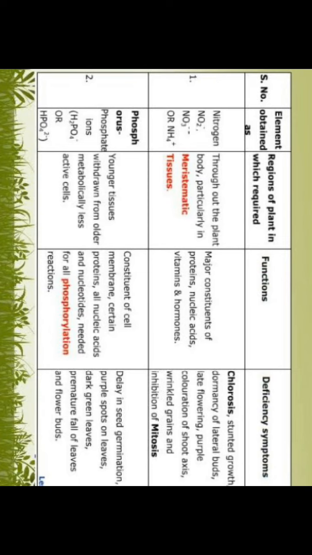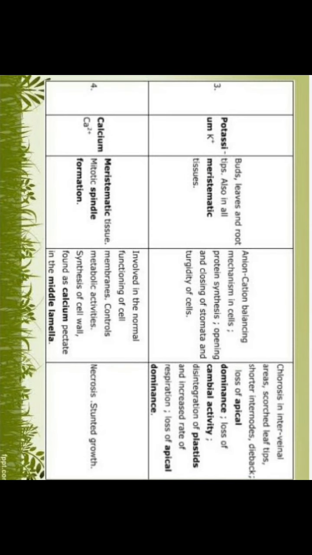Now let us see the next one. As we learn from the macronutrients category, the essential element is potassium, K plus. Then the available form, and regions: buds, leaves, and root tips, also in all meristematic tissues.